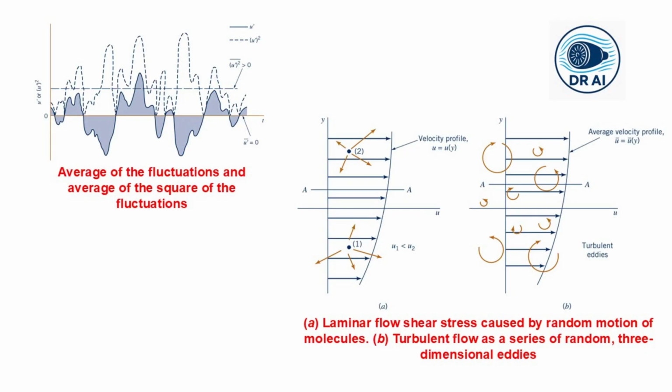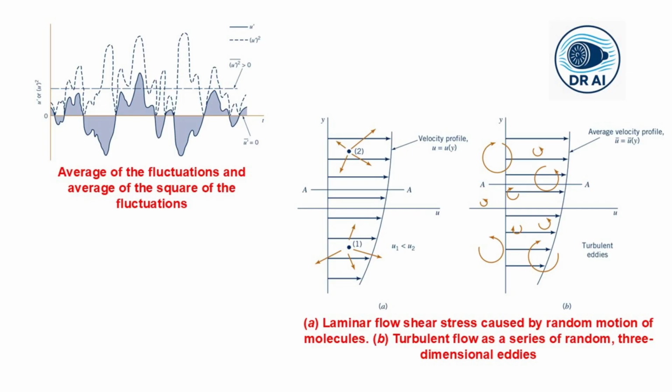In turbulent flow, the molecular process is still there, but it's completely dwarfed by a new, much more powerful mechanism. To understand it, look at this particular figure. Part A shows laminar molecular flow, a molecular view, but part B shows a turbulent view.